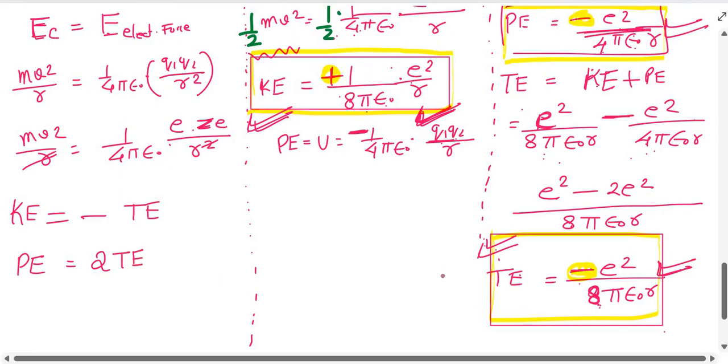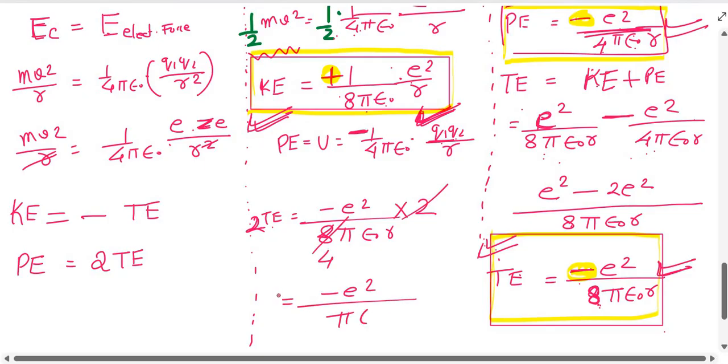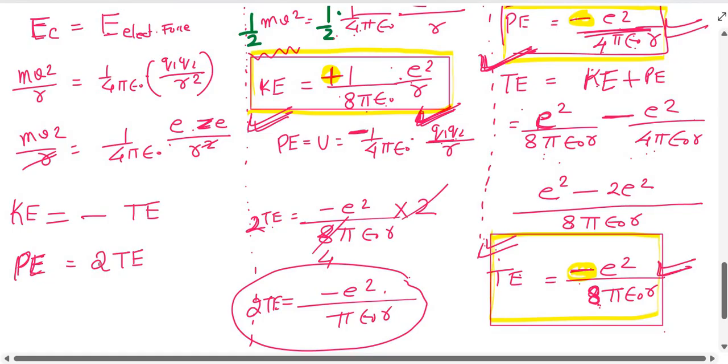Correct? How? If you multiply the total energy by 2, twice the total energy is minus E square by 8 pi epsilon naught r into 2, so this 2 cancels, and it is nothing but minus E square by 4 pi epsilon naught r. Twice the total energy is the same as what we have for potential energy. So can I safely say that potential energy is double the total energy?